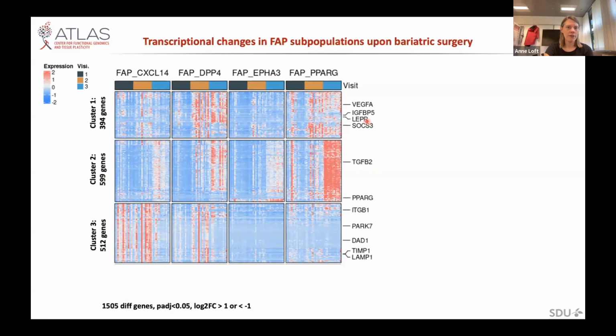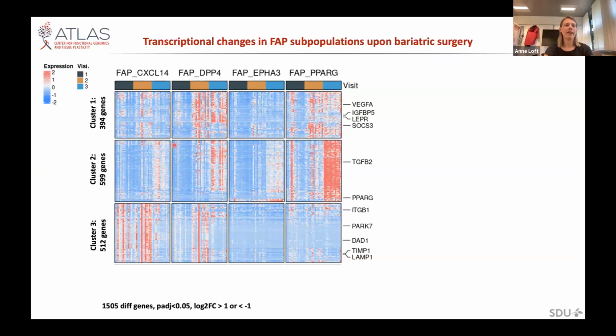What is most significant is maybe that in these DPP4 fabs and PPAR gamma fabs, it is here that the most significant transcriptional induction of genes occurs, whereas transcriptional repression of genes is mostly happening in these CXCL14 fabs. And we can also cluster these genes based on their response to these different modes of weight loss.